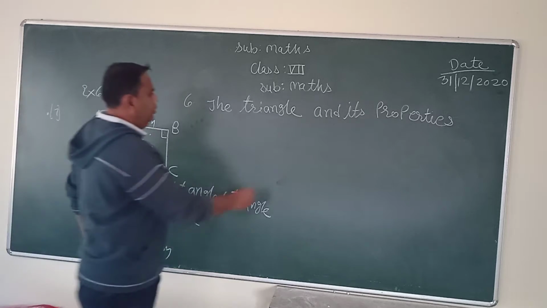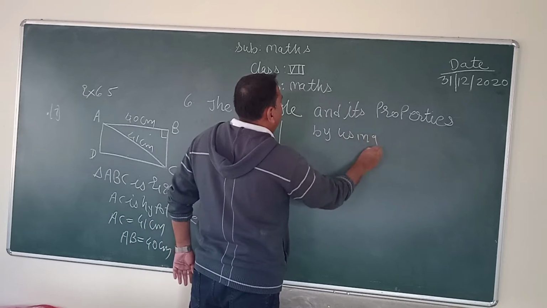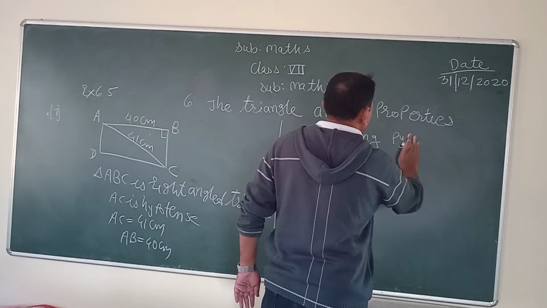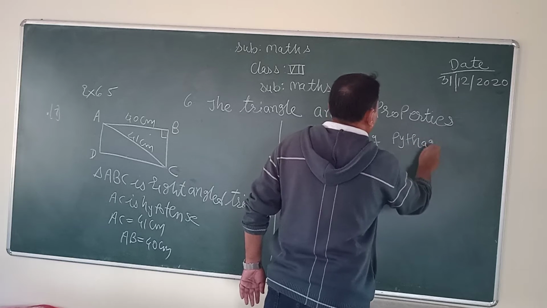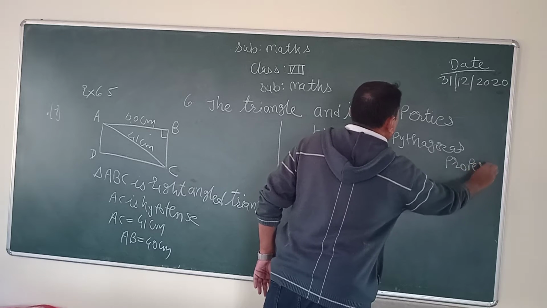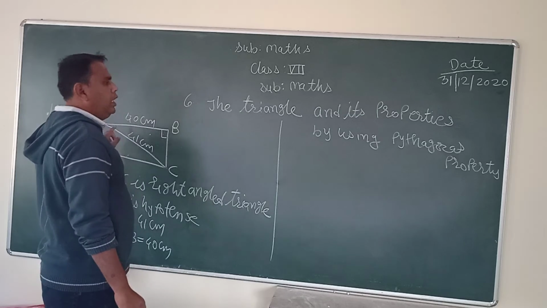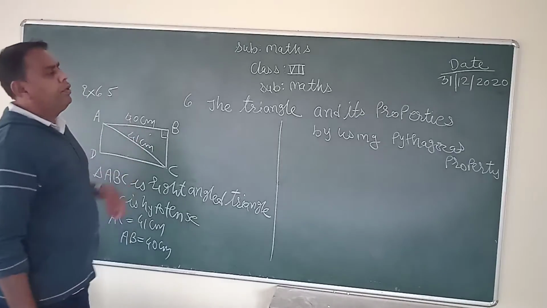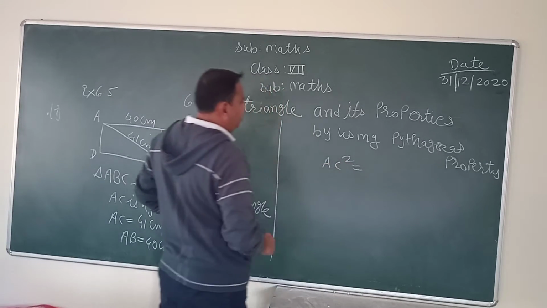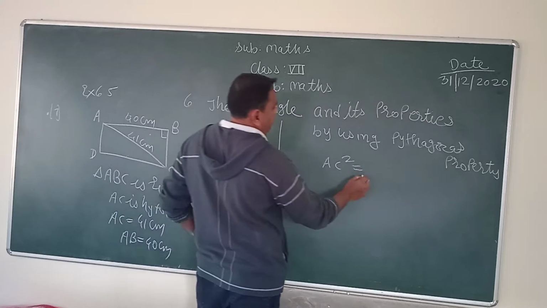Now we use the Pythagoras property. By using Pythagoras property, AC square, because AC is the hypotenuse, so the square of the hypotenuse, AC square, is equal to the sum of the squares of the other two sides, means AB square plus BC square.